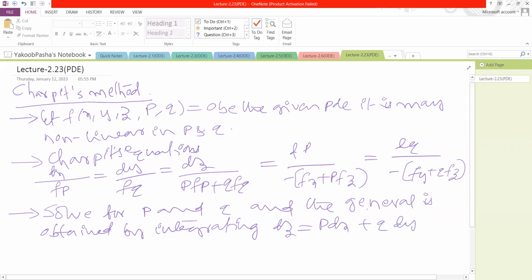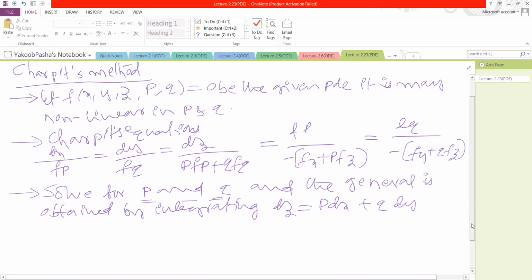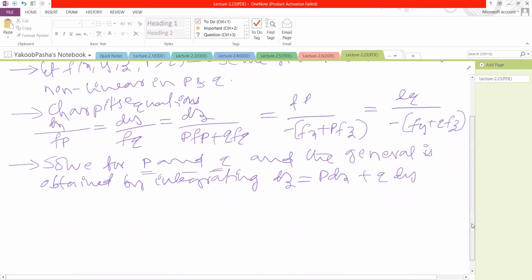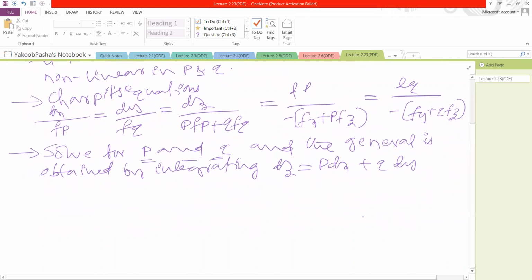We need to find the values of p and q and substitute in dz = p dx + q dy. After integration, we will get the required solution of the given partial differential equation. This is the method of Charpit.